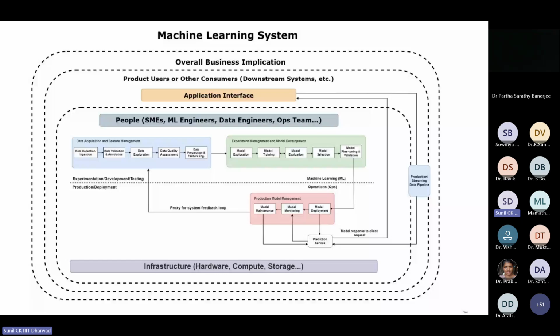You can see various development and deployment patterns that depend on the problem and the data you use. This is where the application interfaces happen, once you develop and deploy the model, with the product users or other consumers, downstream systems, etc. Then the overall business runs upon that.